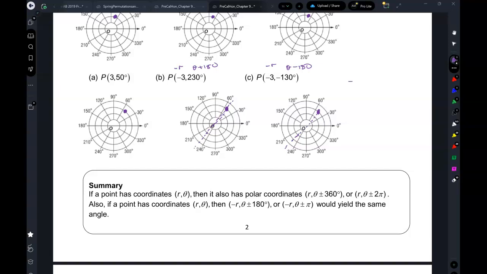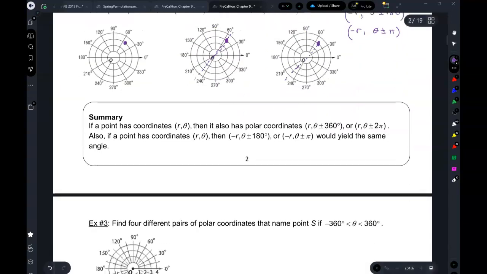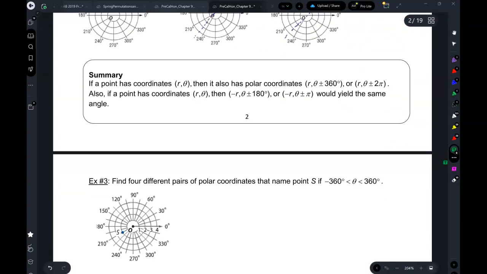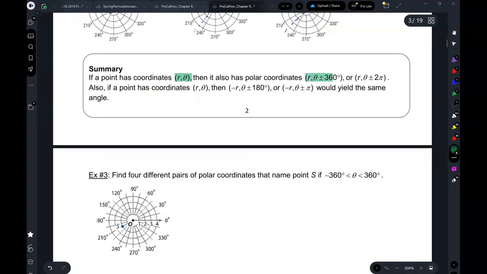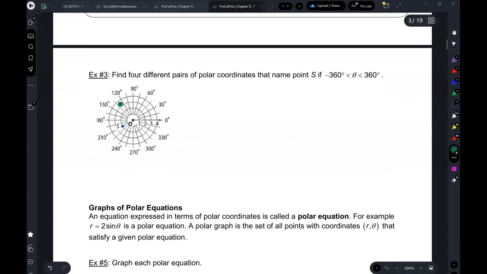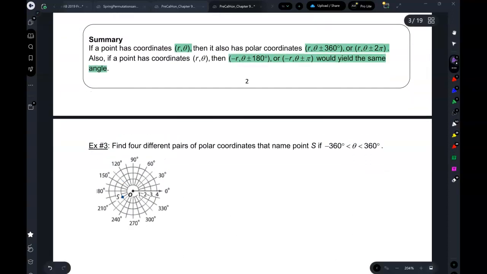If you have negative R, theta plus or minus 180, or theta plus or minus pi, you also get the same position. This is a summary of exactly what we said. If you have R and theta, then this or this gives you the same position. Remember that.